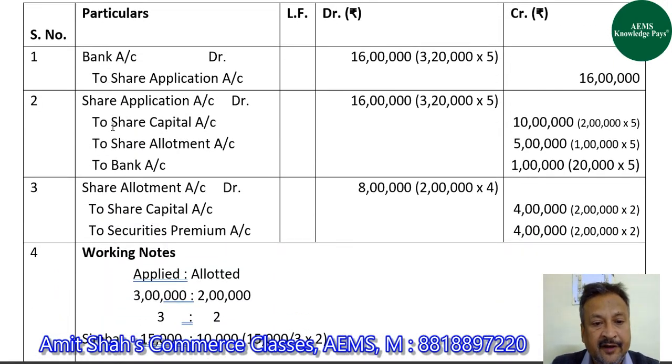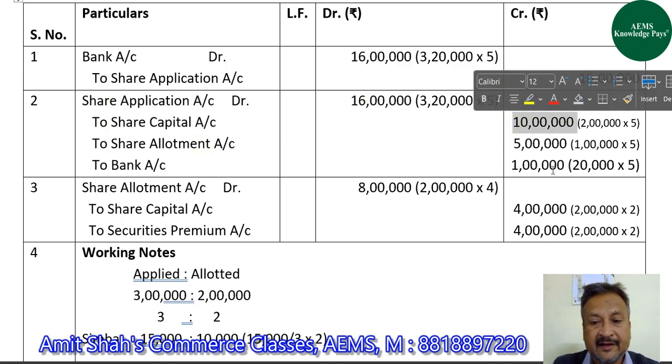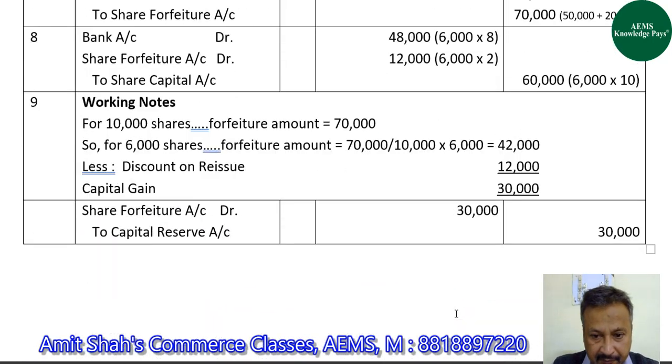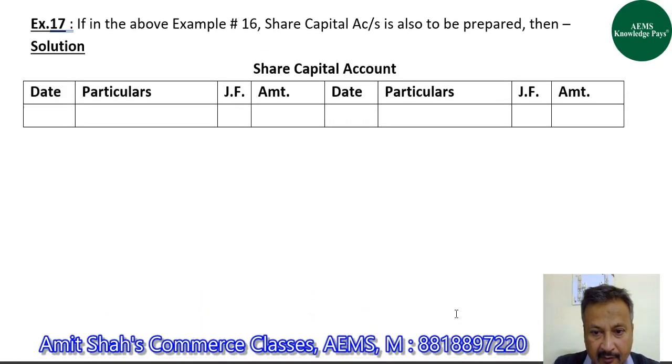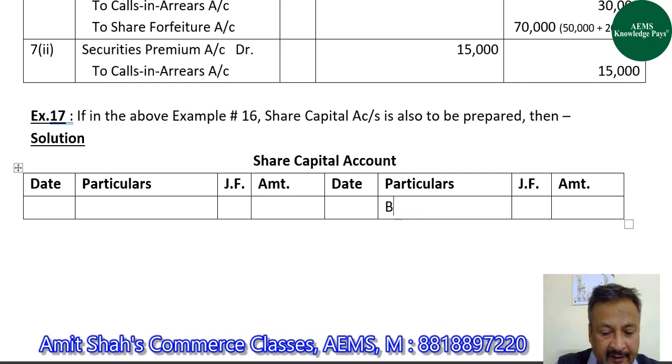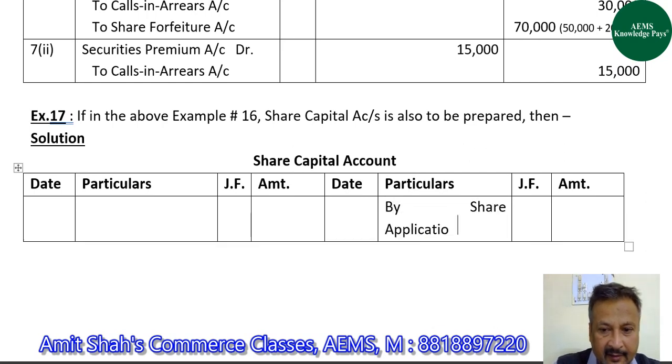Very first, we are using share capital account here in the second entry. So on the credit side of share capital account, we will write by share application account with rupees 10 lakhs.